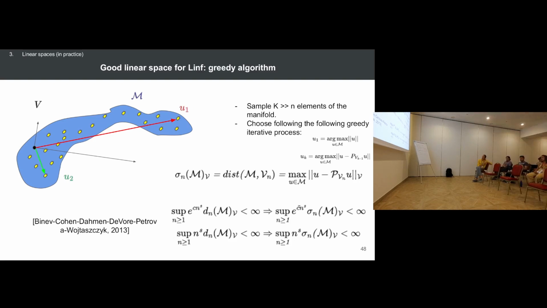So it's a guarantee, it's the thing that we needed to know, that this algorithm in particular, together with the particular problem that we are dealing with, will be the good combination to approximate the linear space.